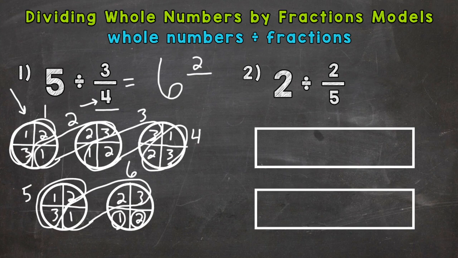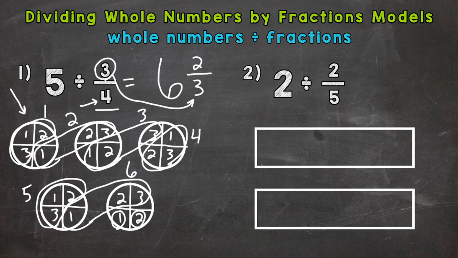The denominator is going to be 3 because we need 3 pieces in order to make a whole group of 3/4. So 2/3. Now this numerator here tells us what our denominator is going to be, but we need to know why it's 3. It's because we need 3 pieces to make a whole group of 3/4. And we only have 2 out of those 3 pieces needed to make another whole.